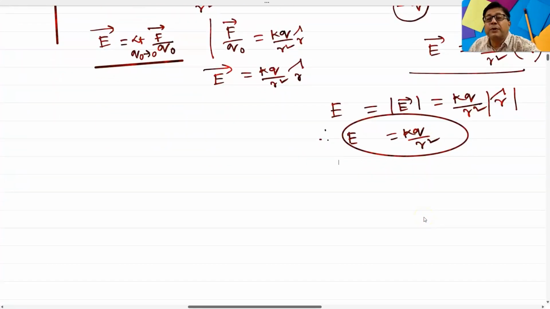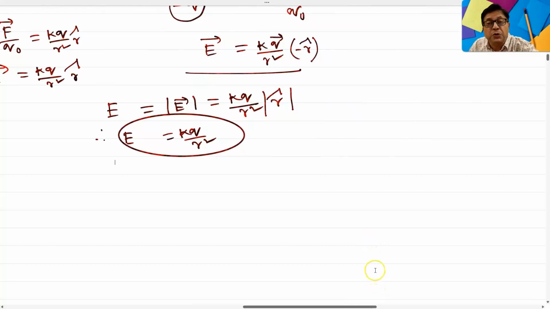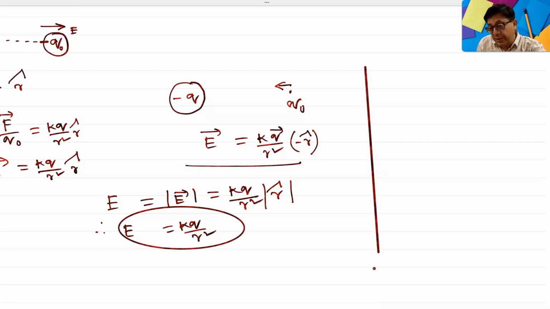Now a very important question arises here. In what direction will a charge experience force when it enters the electric field? Suppose a charge is there, which is the source charge Q. Due to this, it is a positive charge, electric field radially outward, that I have explained.